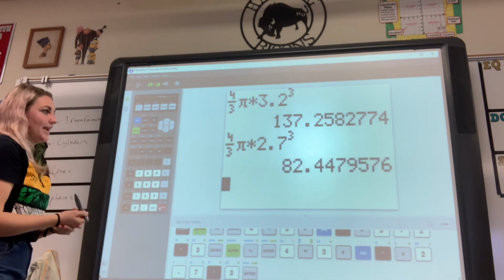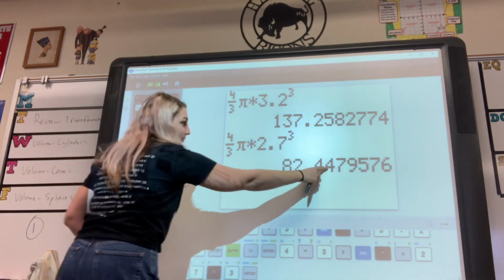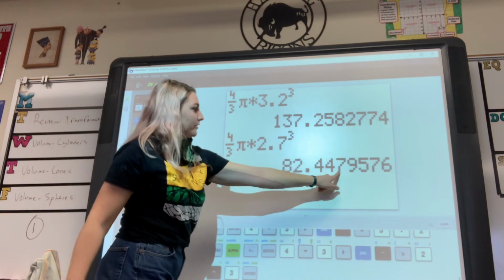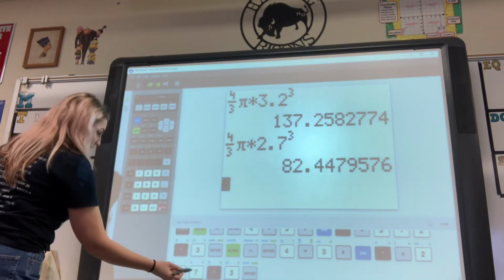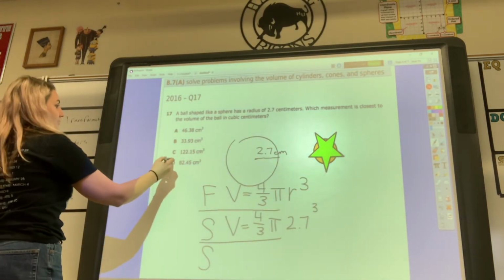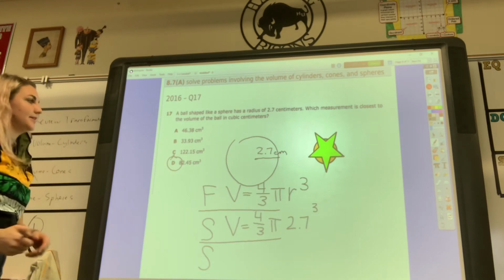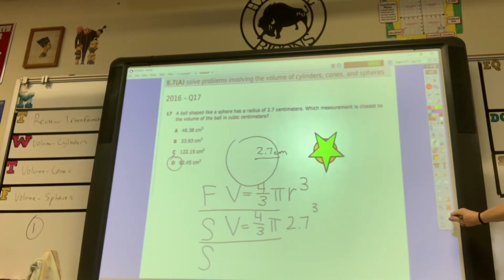So that leaves us at 82.45, remembering that 5 or more raise the score, 4 or less let it rest. So we will be raising that 4 to a 5. And that leaves us at answer choice D. And that is our quick lesson on spheres.